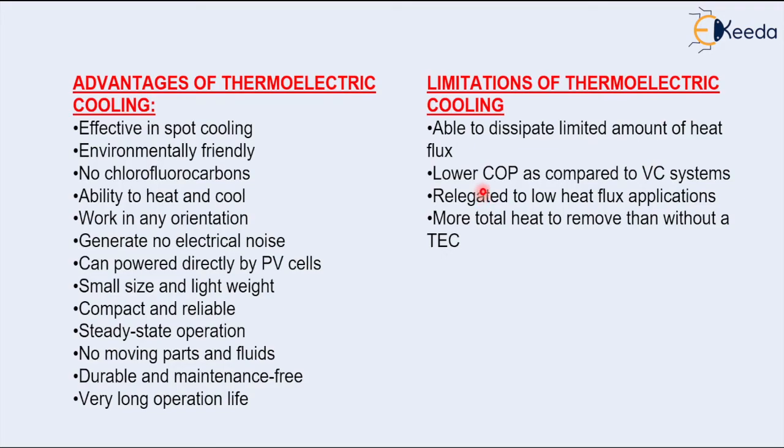The thermoelectric cooling system has a lower COP as compared to the VC system. It is relegated to low heat flux applications. That means this can be used for low heat flux applications.